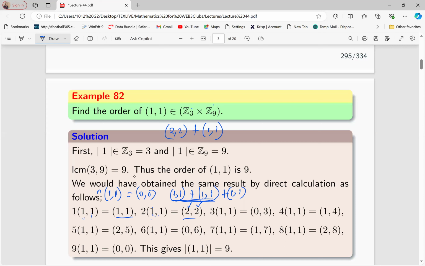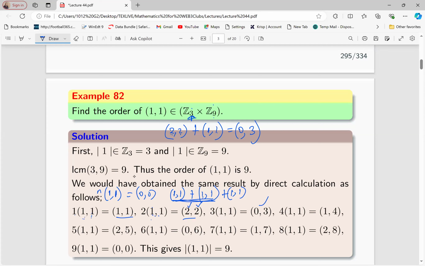The first elements are from the first group, and give me 3, but the mod is 3. So 2 plus 1 is 3, but the mod is 3, so 3 goes into itself once and the remainder is 0. And then these second elements are from the second group and the sum is 3. It's less than 9, so we just write it 3. So that's what we get.